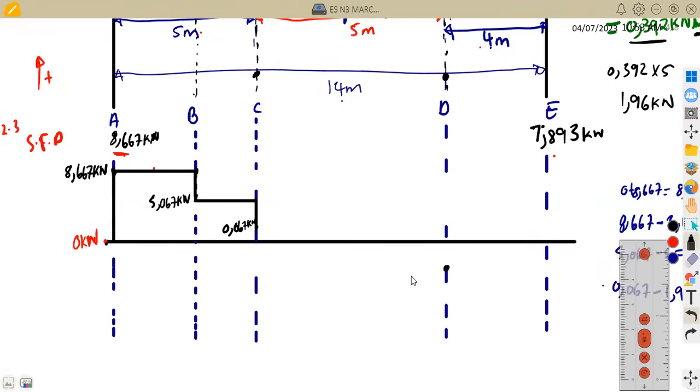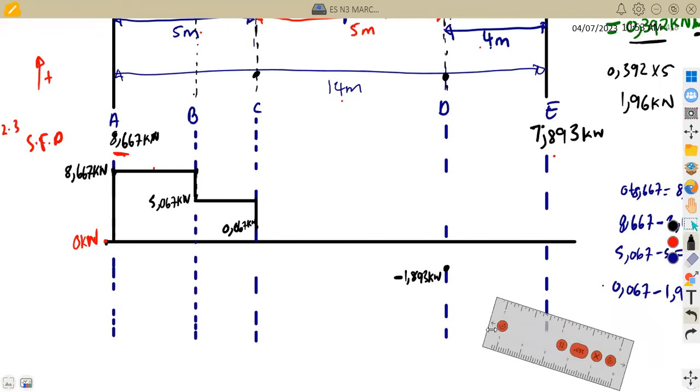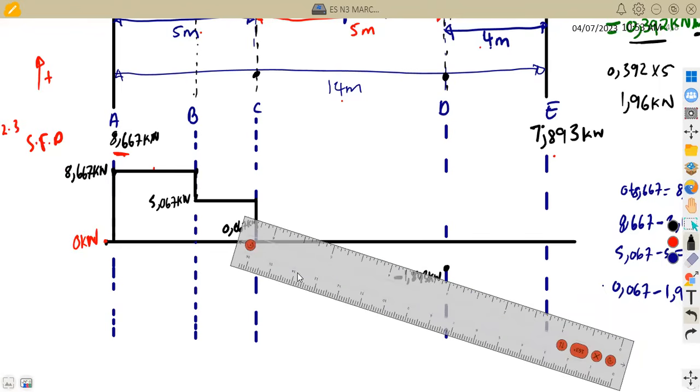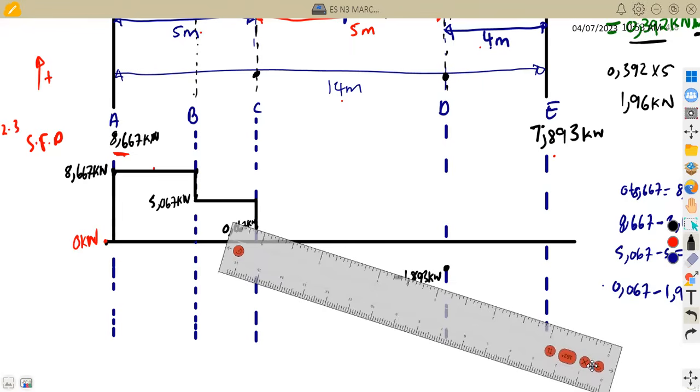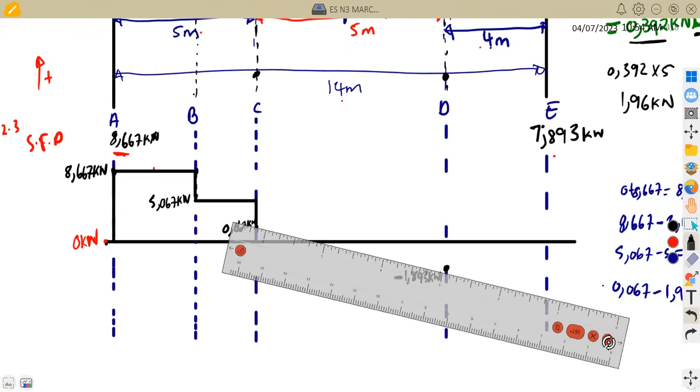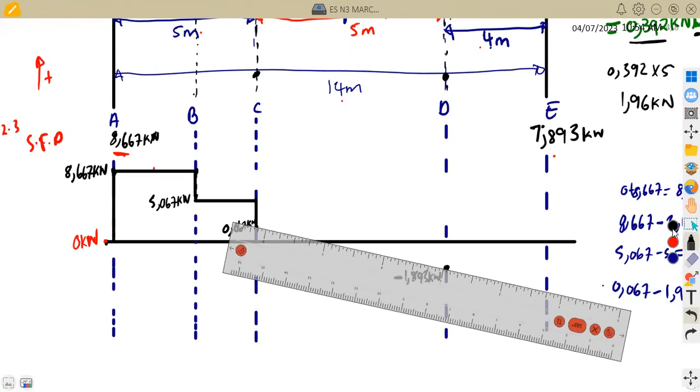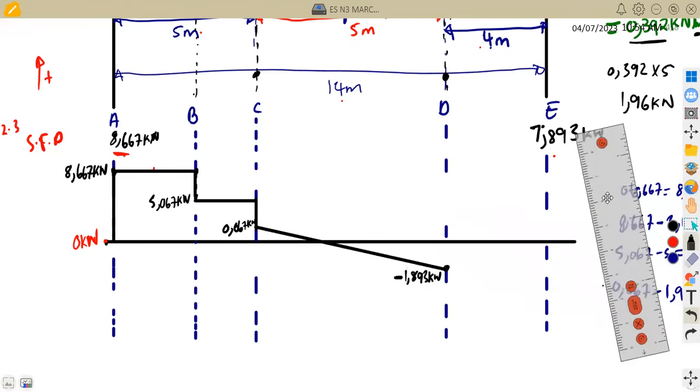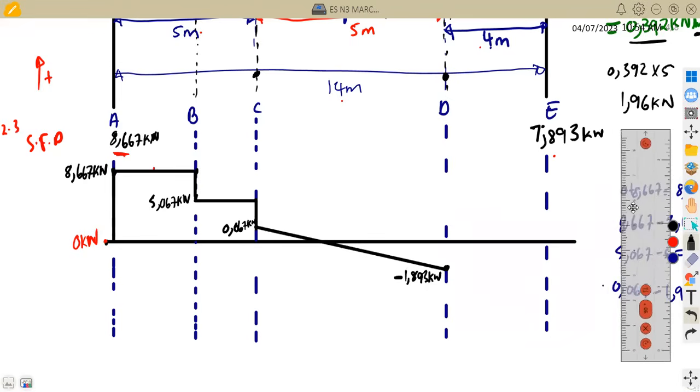That means we are going to join to that point of negative 1.893 kilonewton from this point. So it is going to be a slanted line like this, all right? So we are going to join these 2 points from this point up to this point here. All right, so this is how you represent your uniformly distributed load. All right, so that is what we got in this case. I hope everything is clear in this case.